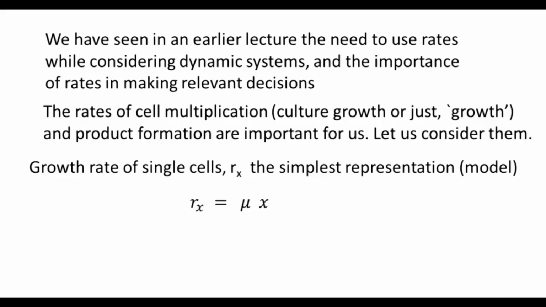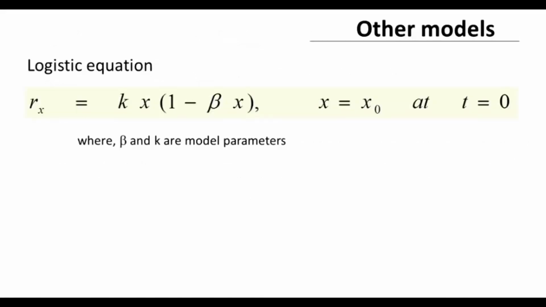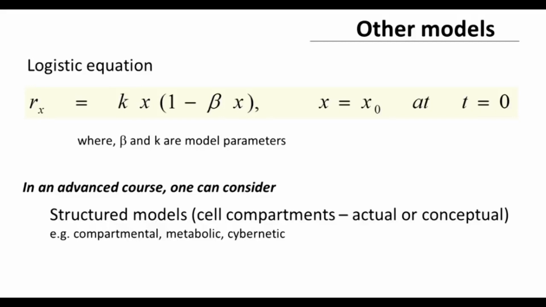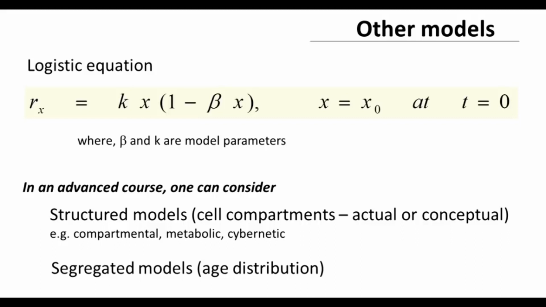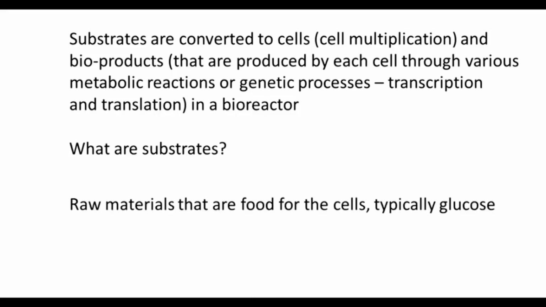Initially, we saw expressions for rate of growth, Rx equals mu x. Mu may or may not be a constant depending on the situation. Then we said that there are other models. This is the logistic equation, and in an advanced course one can consider structured models, segregated models, and many other things. The substrates are converted into cells and products.